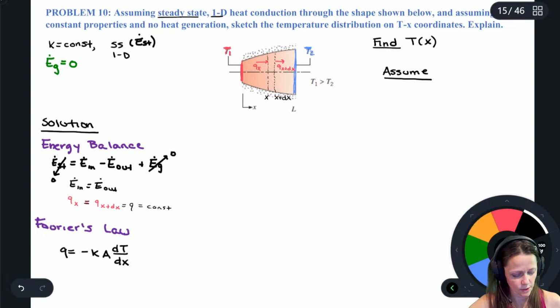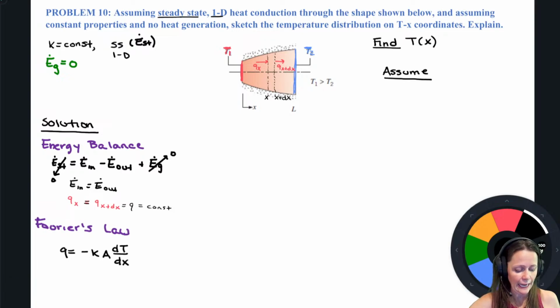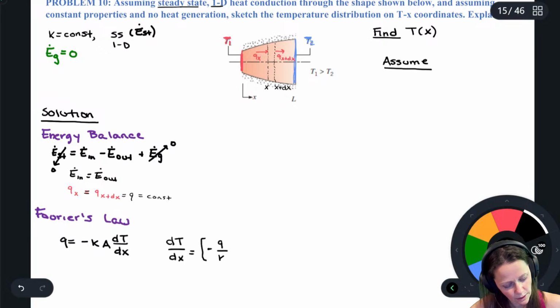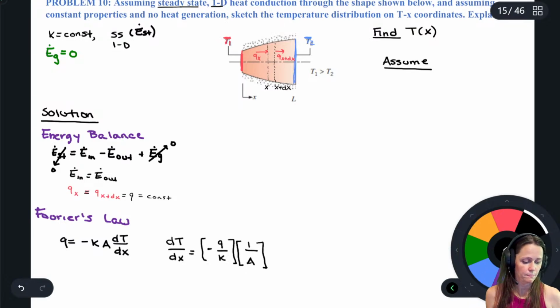So Q by conduction is negative k A dT dx, because it's only in the x direction. That's the only thing I have to worry about. And I know k is a constant. So I'm going to bring this over here, and so this is going to be negative Q over k. I'm going to put that by itself. And then I've got 1 over A. And that's it, I guess.